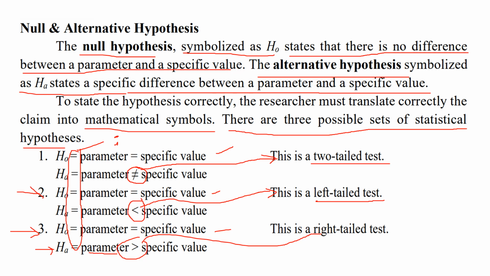For example, if there is no keyword mentioned, you cannot use left tail test or right tail test because we don't know if your specific value will fall before or after your parameter. That's why, for us to be safe in making our conclusion and to make this more acceptable and valid, we simply use your two-tailed test.